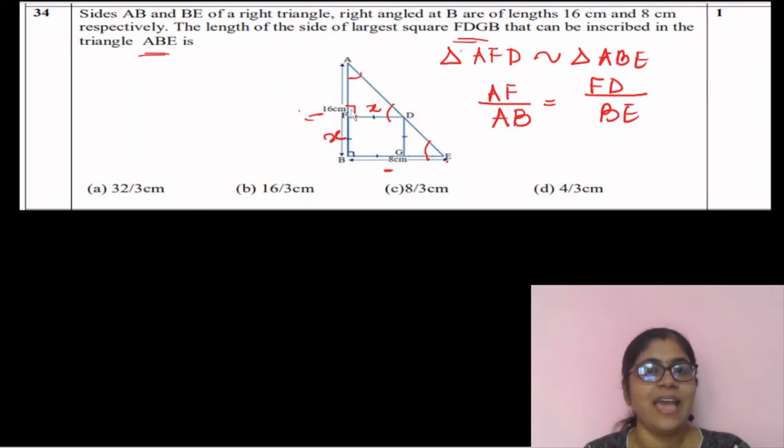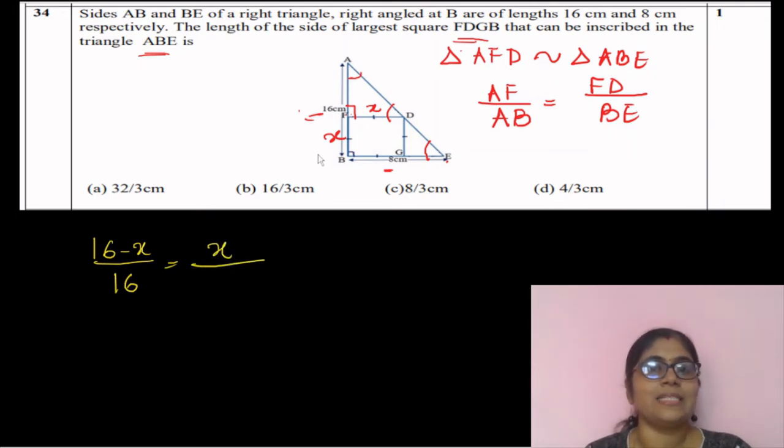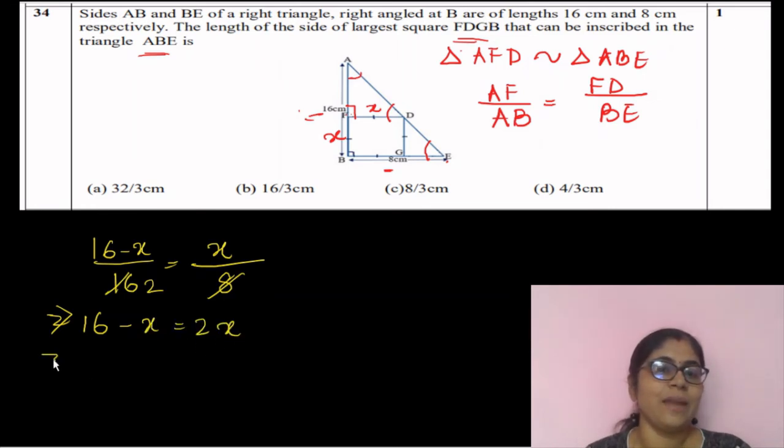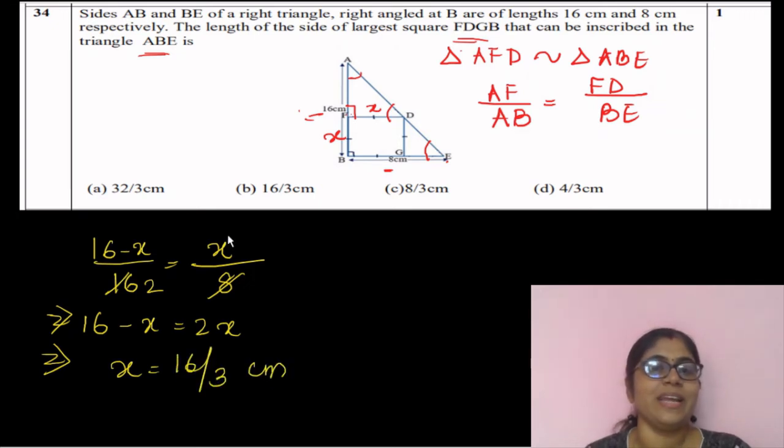If this is X, AF is 16 minus X. So 16 minus X divided by 16 equals FD, which is X, by BE. This is 8, so this is 1 by 2, which implies that 16 minus X is equal to 2X. That means 3X is equal to 16. So X is equal to 16 by 3 centimeters. So option B is the right answer.